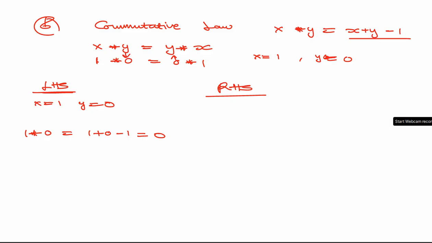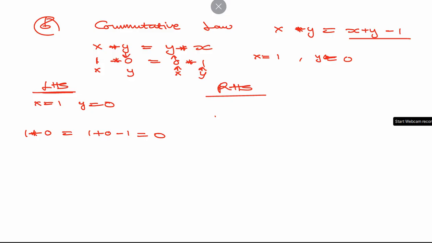Or let me say in this case, since we have 0 star x, this is x, this is y, and this is x, this is y. This is where I almost missed it. So in this case our x is going to be 0 and our y is going to be 1.